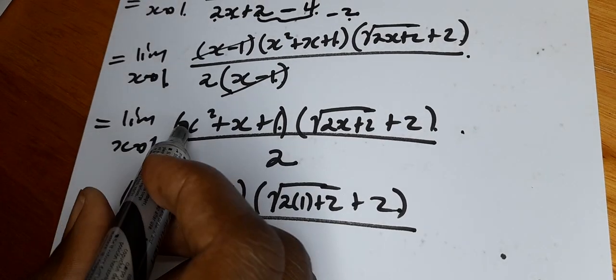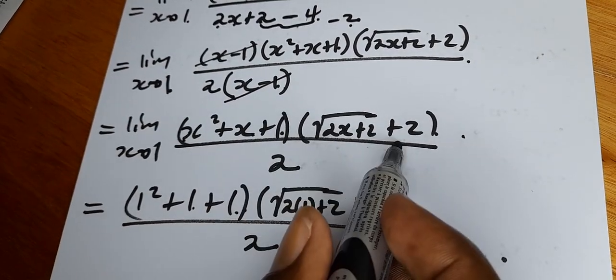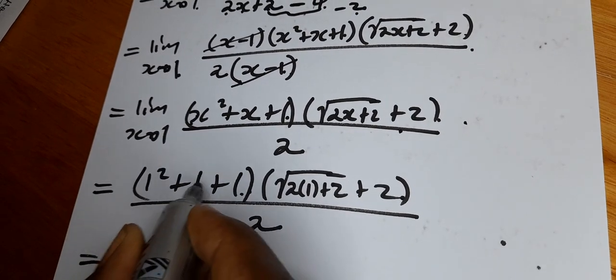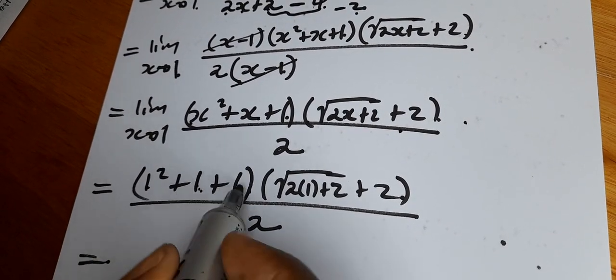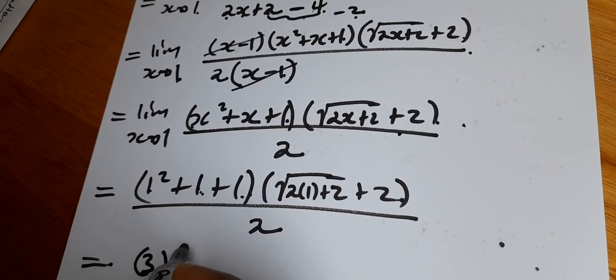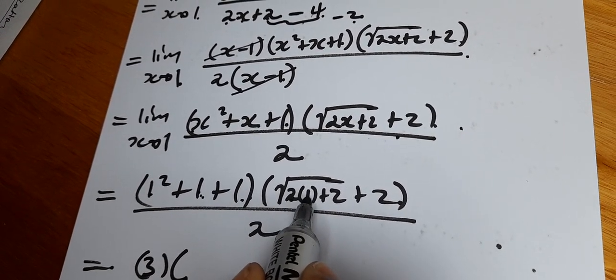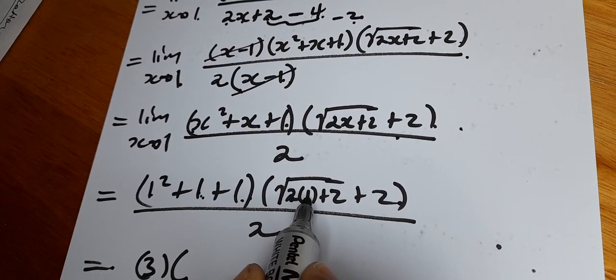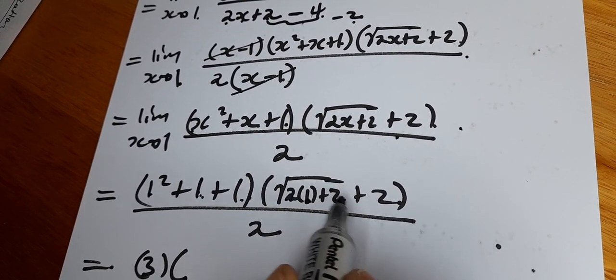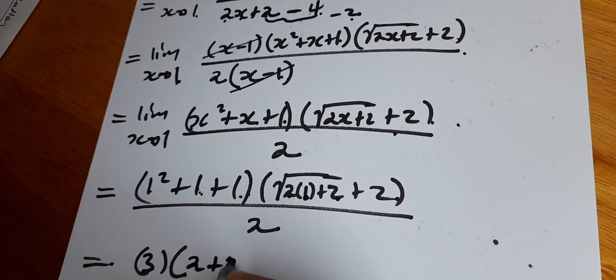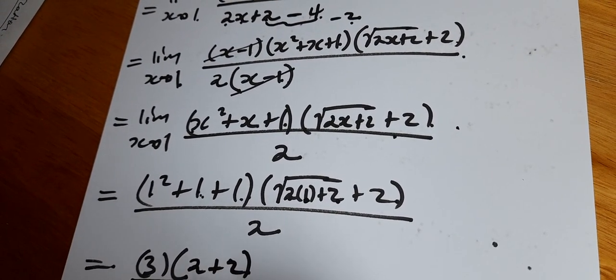Remember, you have to distribute your limit here, but now I'm substituting. So 1 plus 1 plus 1 is equal to 3. And then we have the square root of 2 multiplied by 1 is 2, and then plus 2 is equal to 4. Then the square root of 4 will be 2, then plus 2, all over 2.